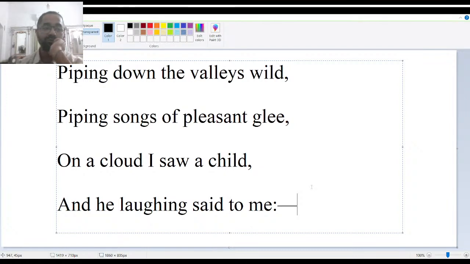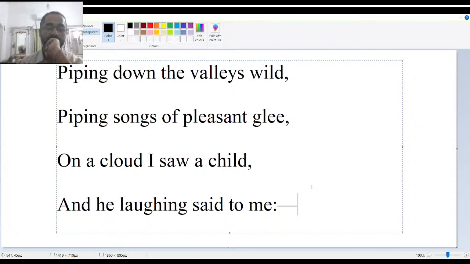So what kind of rhythm is it? Piping down the valleys wild, piping songs of pleasant glee. Read the first couple of lines and it will be clear to you. Piping down the valleys wild. Reminds you of Twinkle Twinkle Little Star, doesn't it? Twinkle, twinkle, little star.